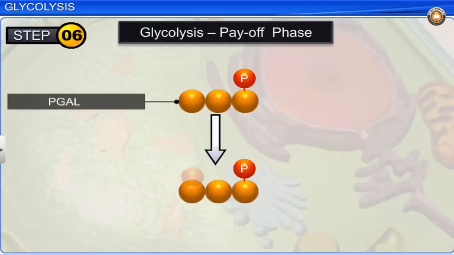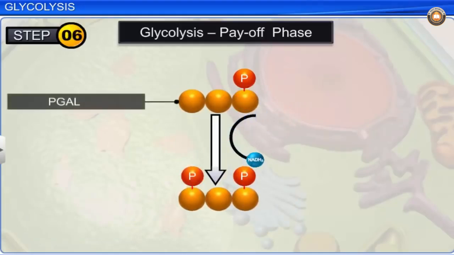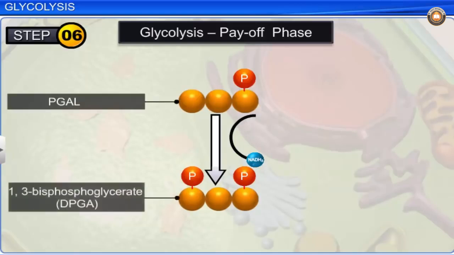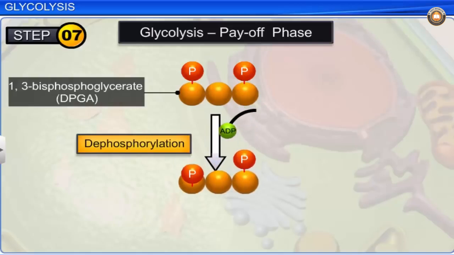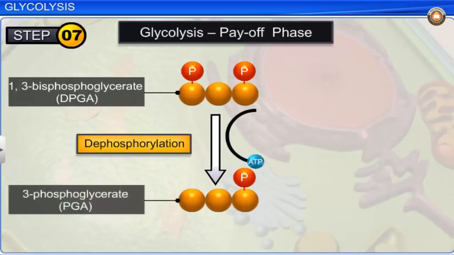The payoff phase starts with the phosphorylation of PGAL using inorganic phosphate to form 1,3-biphosphoglycerate or DPGA. The two redox equivalents removed from PGAL are transferred to NAD+ to form NADH2. The DPGA thus formed undergoes dephosphorylation to form 3-phosphoglycerate or PGA.